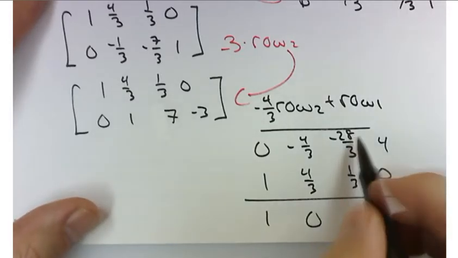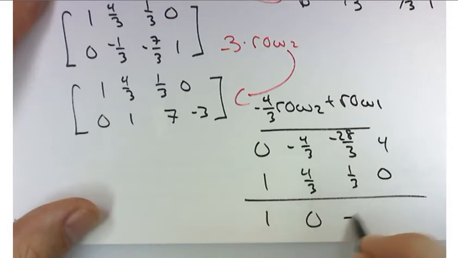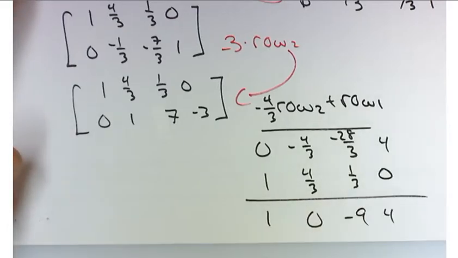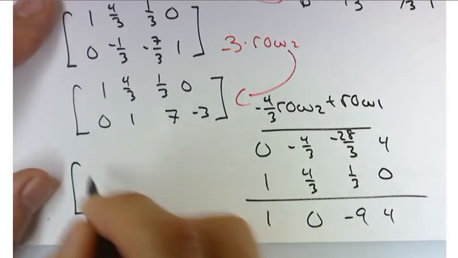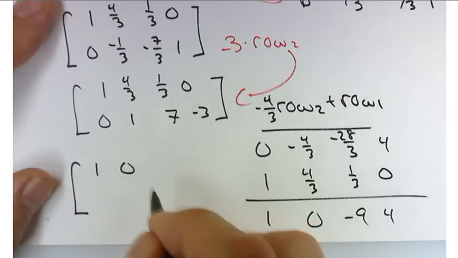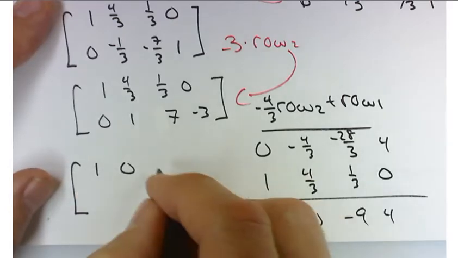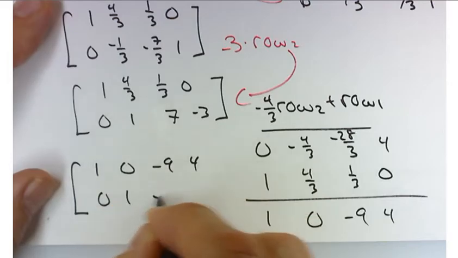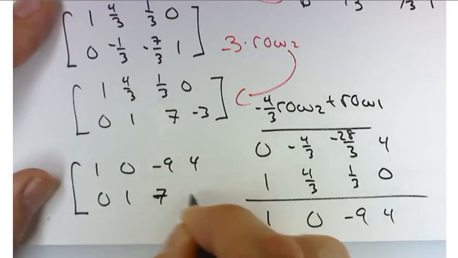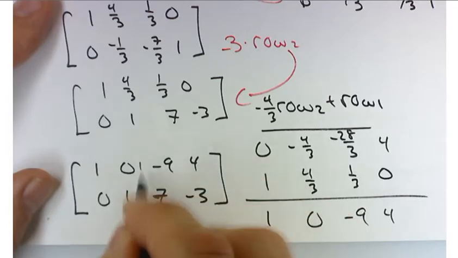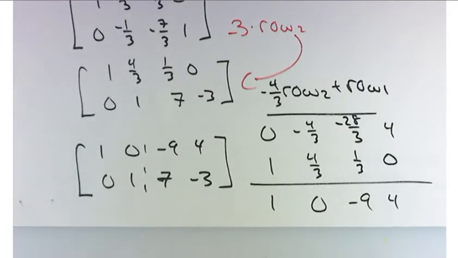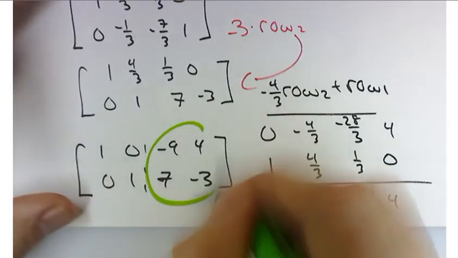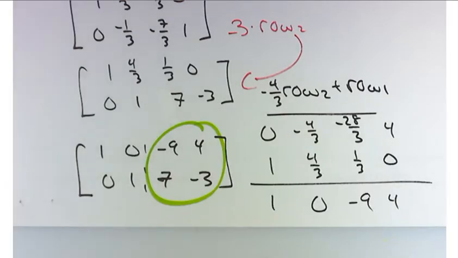That's going to be negative 27/3, which is going to be negative 9. So 1, 0, negative 9, and 4, 0, 1, 7, and negative 3. So a little bit of a tortuous path, but that term right there is your inverse matrix.